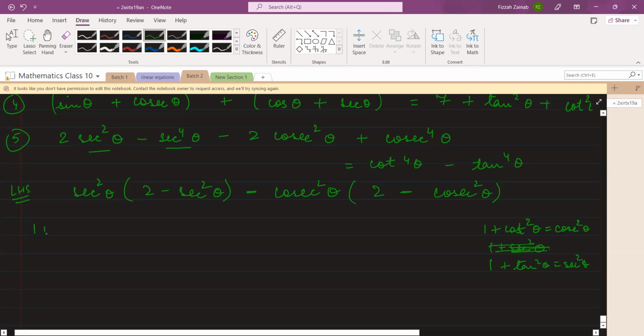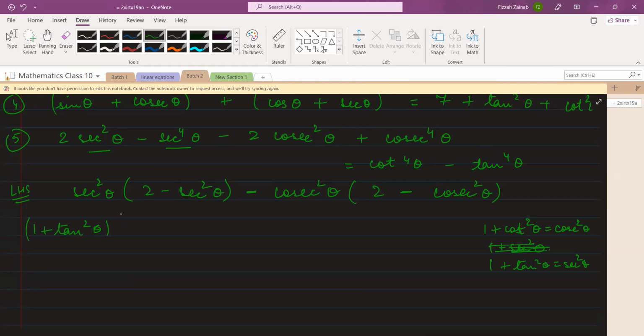Sec square theta is 1 plus tan square theta, and 2 minus again 1 plus tan square theta, and you have minus. So cosec is now 1 plus cot square theta and into 2 minus 1 plus cot square theta, right?